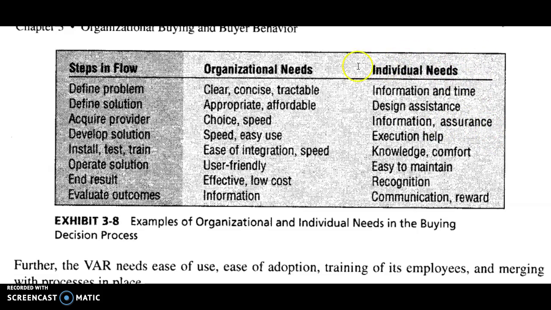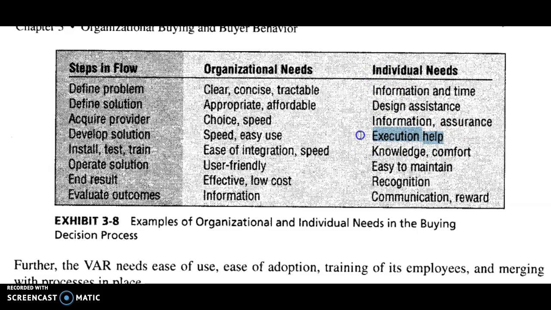Remember that these individual needs refer to the influencers for buying the products for the organizational needs. At the individual level, we need, for example, develop solution, speed, easy use, individual execution help.